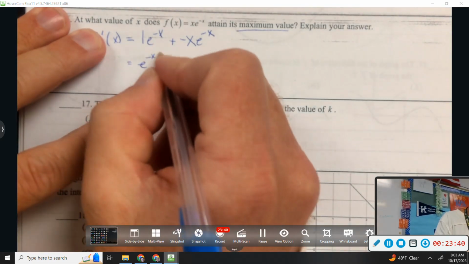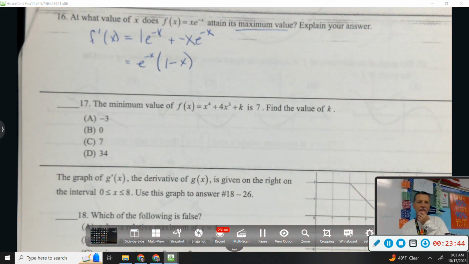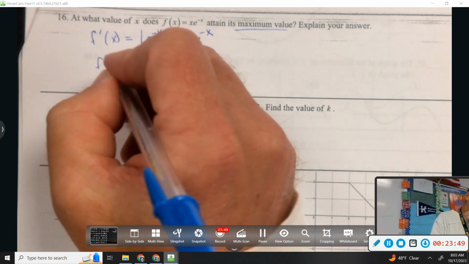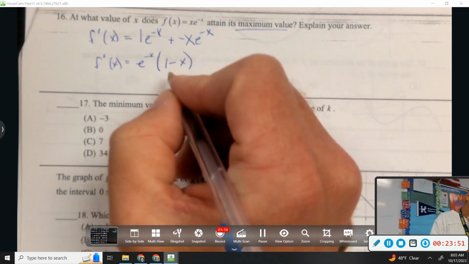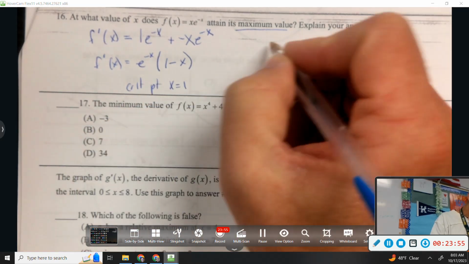Let's factor out e to the -x. That leaves 1 minus x. So critical points would only be x equals 1.